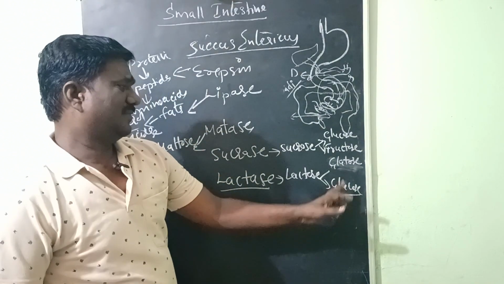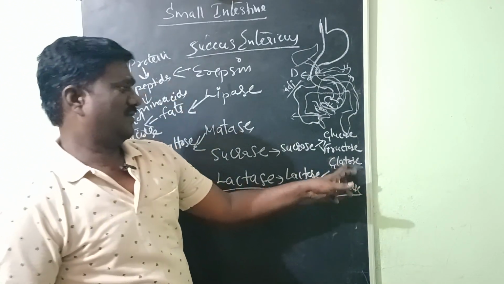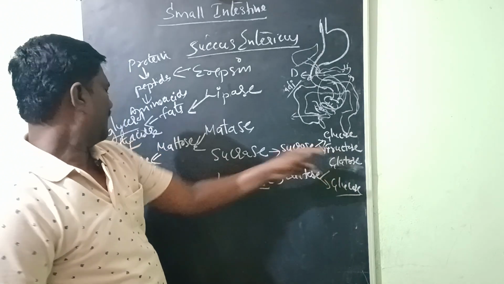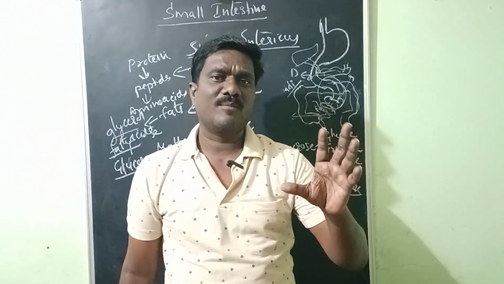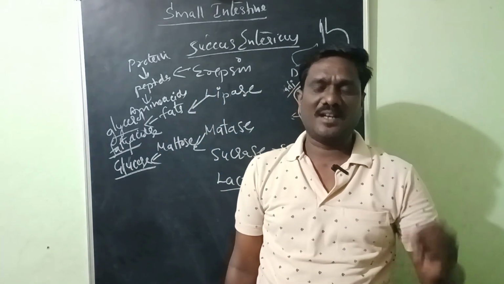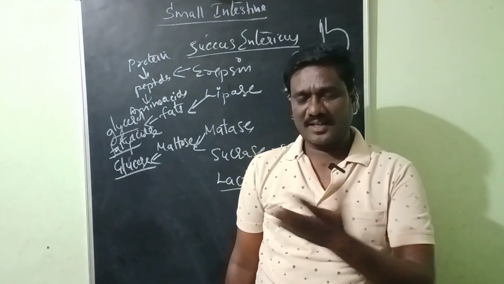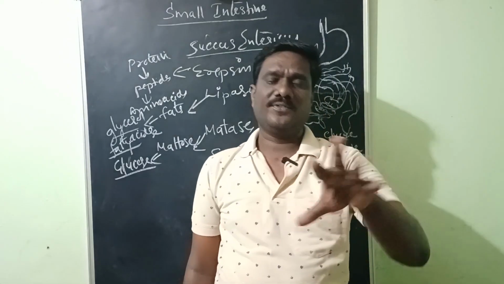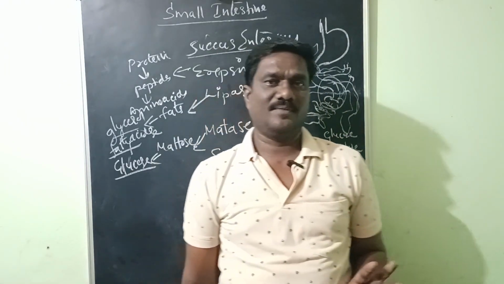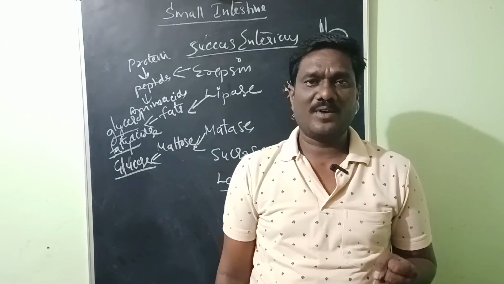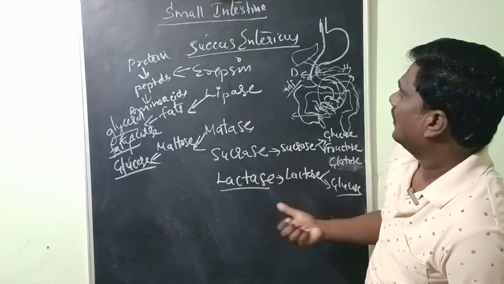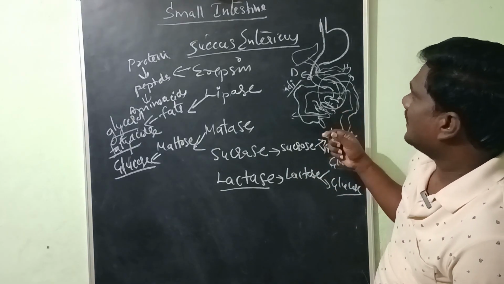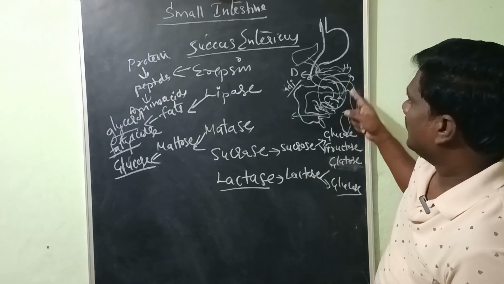Glucose, galactose, and fructose are the simple absorbable forms of carbohydrates. In the last stage, they diffuse into the blood circulation. That is the absorption process. This is the completion of digestion in the small intestine, duodenum and jejunum.